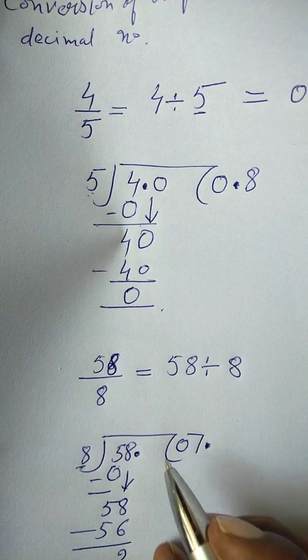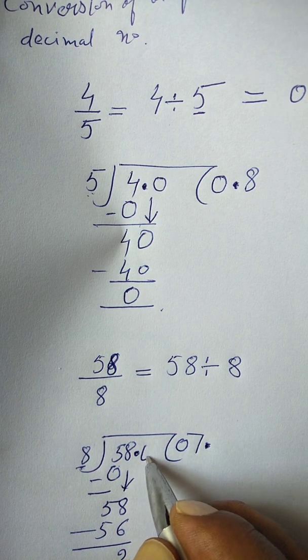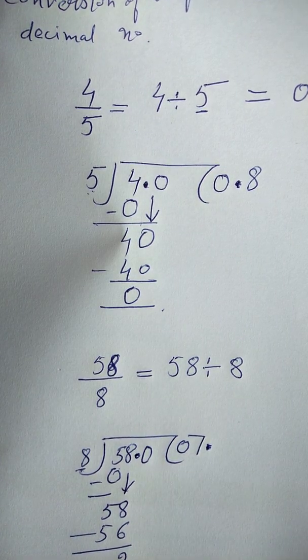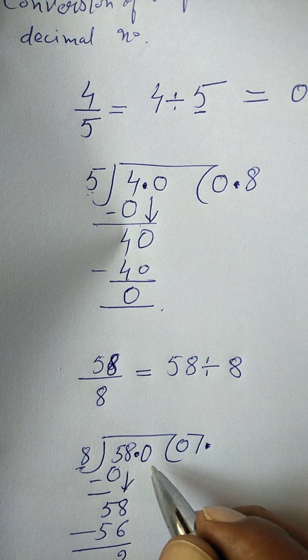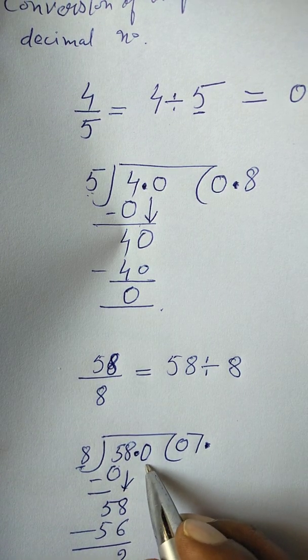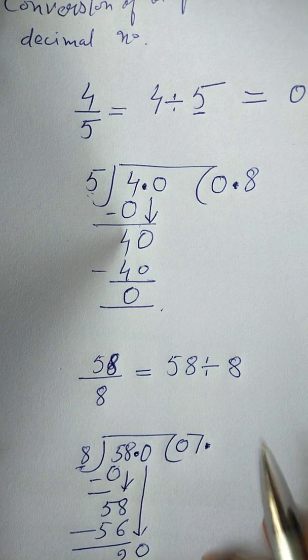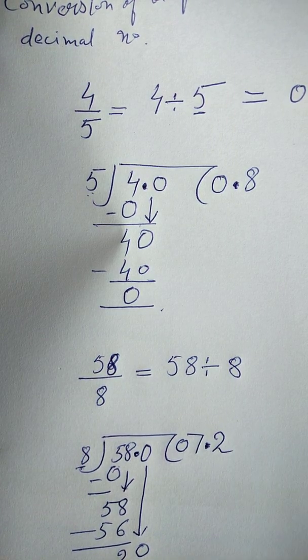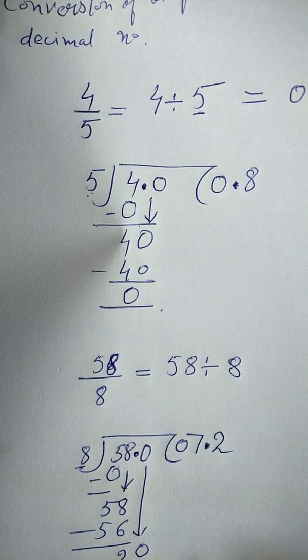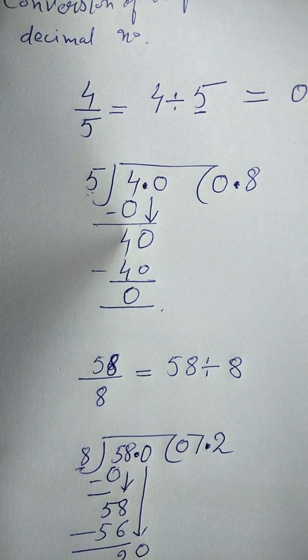Now after that you can continue to add 0 in the dividend after the decimal, and down it. 8 twos are 16. Now subtract it, you will get remainder 4. Now again the remainder is 4.